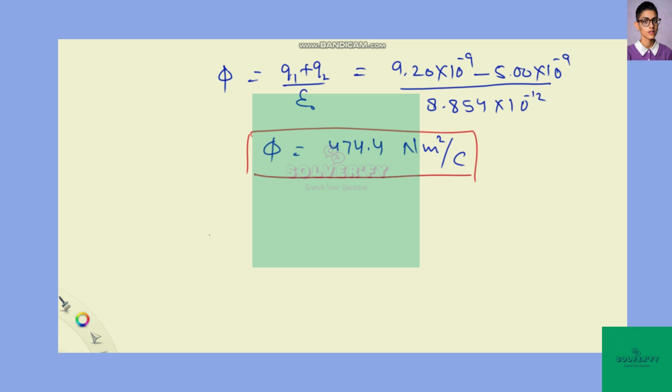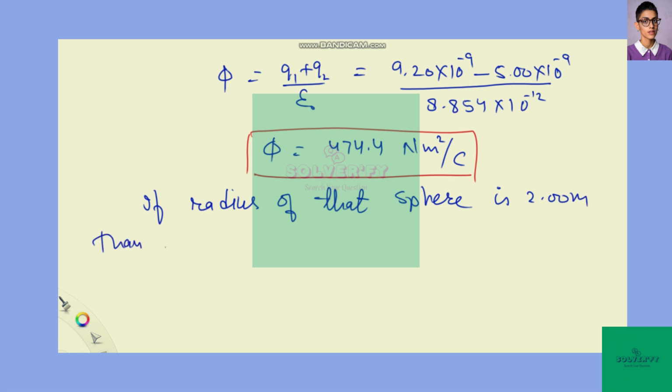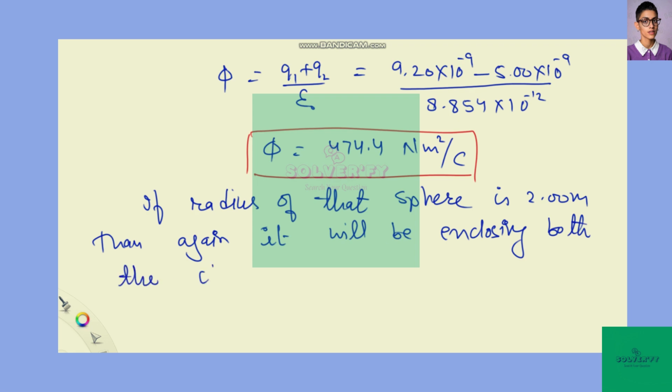Then it is suggested that if the radius of that sphere is 2.00 meter now, then again it will be enclosing both the charges.